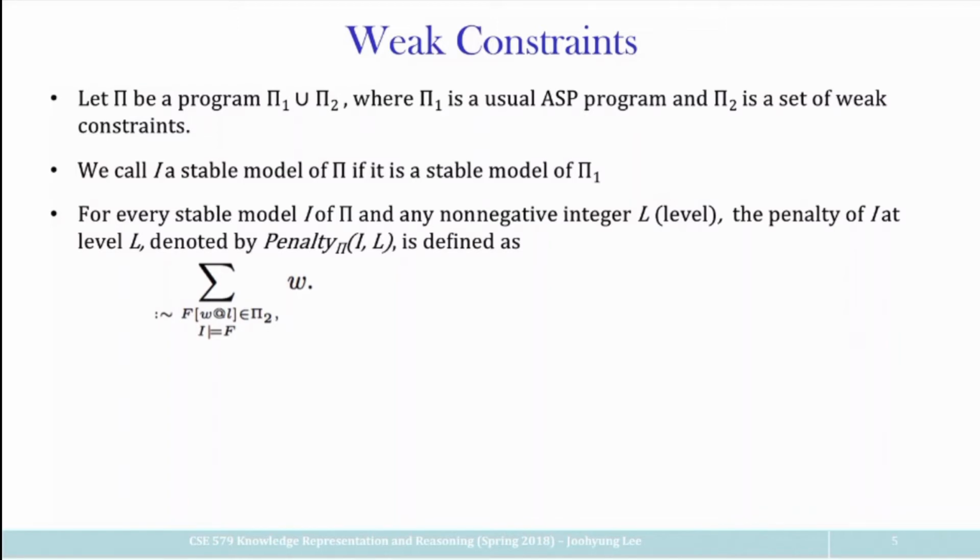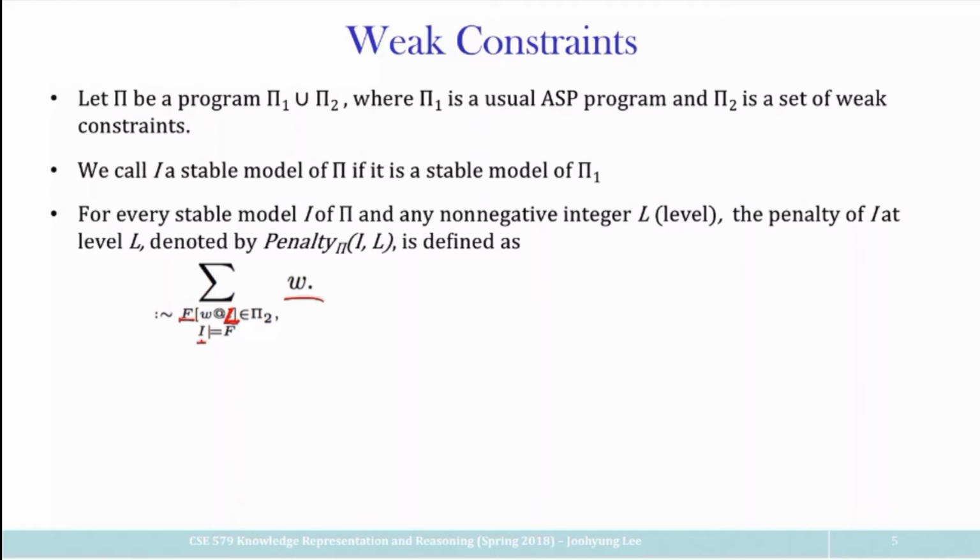So this is the definition. At a particular level L, and this must be capital L, suppose you have weak constraints that talk about this particular level L, and the interpretation happens to satisfy the conjunction of literals. Then we will assign W, or rather the sum of all W that are satisfied at that level. The penalties at that level will be summed up.